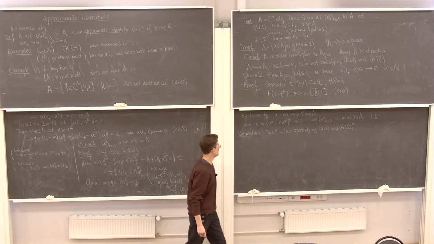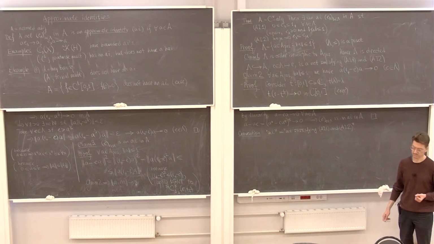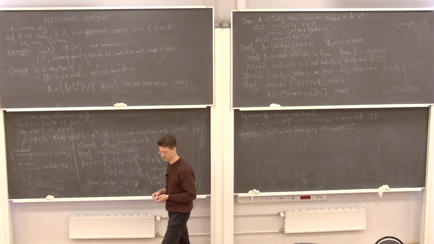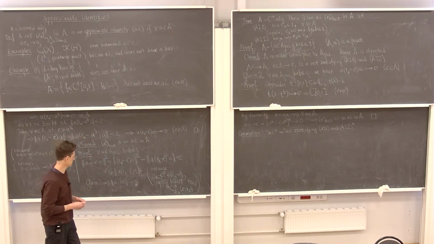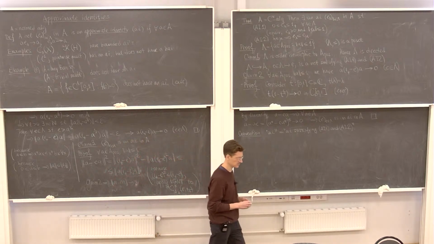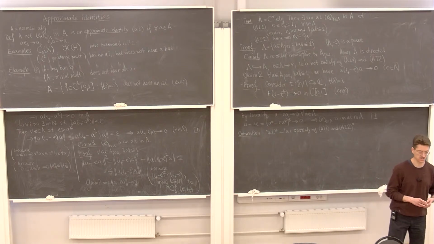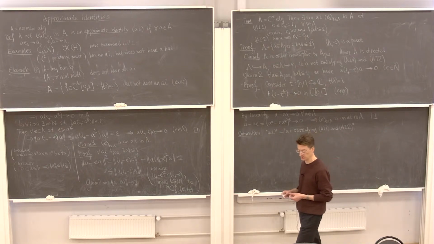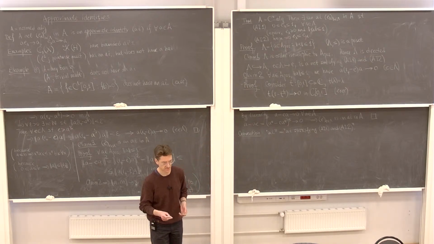Okay. Well, of course, the approximate identity that we've just constructed is very big. It consists of all positive elements in the unit ball. But on the other hand, we have seen that in many concrete examples, like the algebra of continuous functions on the real line, or the algebra of compact operators on a separable Hilbert space, we can construct a more optimal approximate identity, which is sometimes sequential.